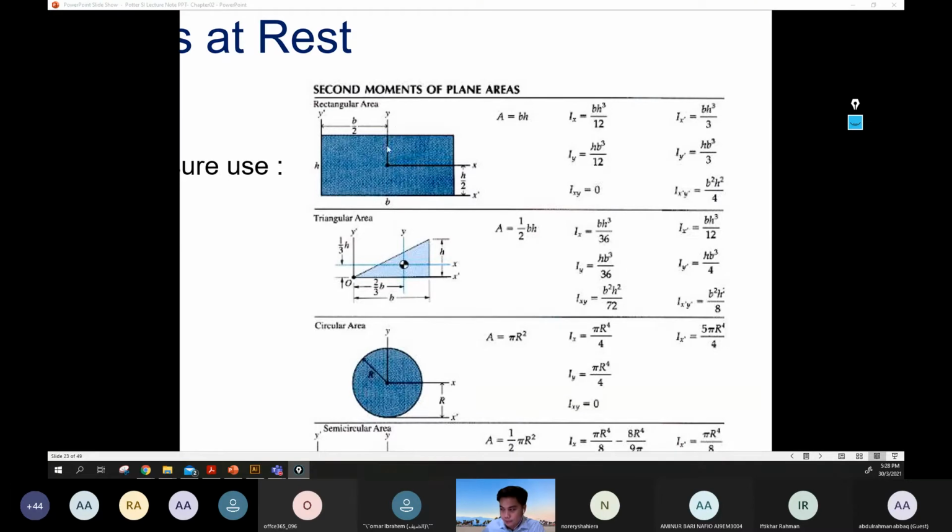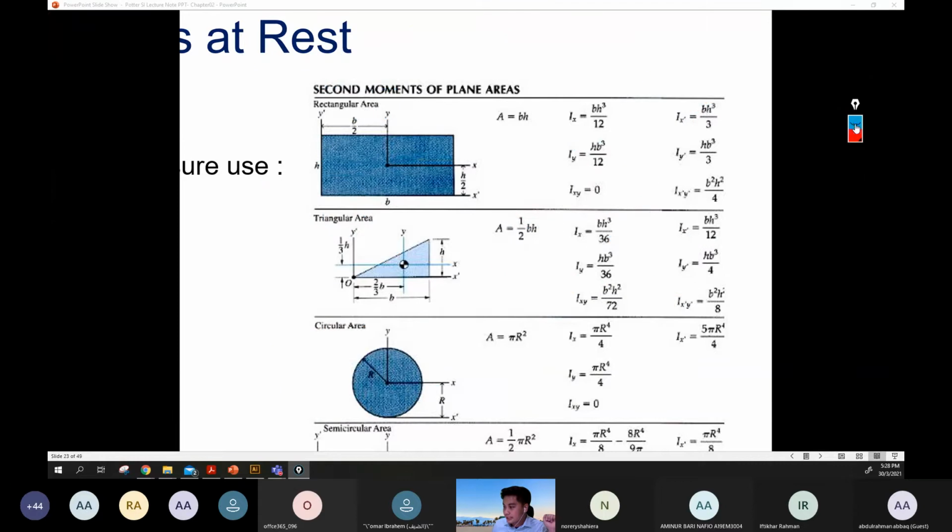What's the value parallel to Y? Is it H or B? H. So can you see H to the power of 3? Okay, everyone? The H is bigger, to the power of 3. Don't confuse. Don't put B as your H. So when you use IXX, please choose the H that is parallel to the Y to be to the power of 3.